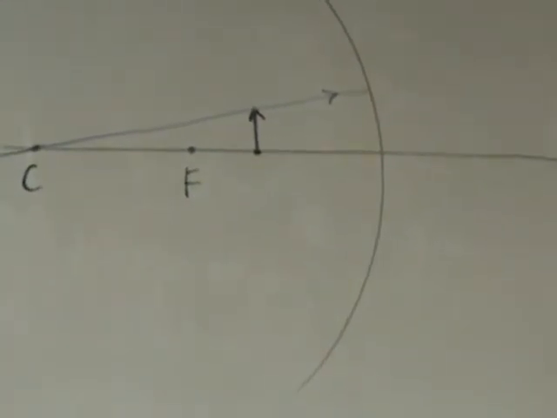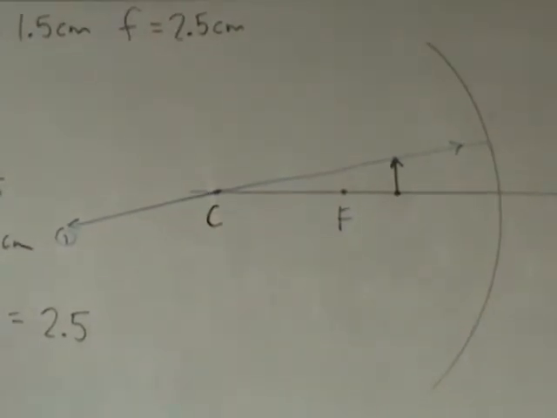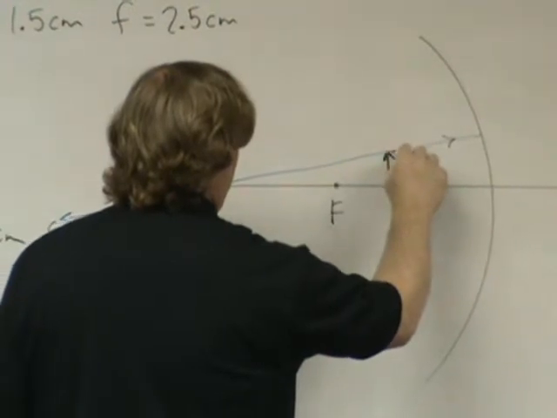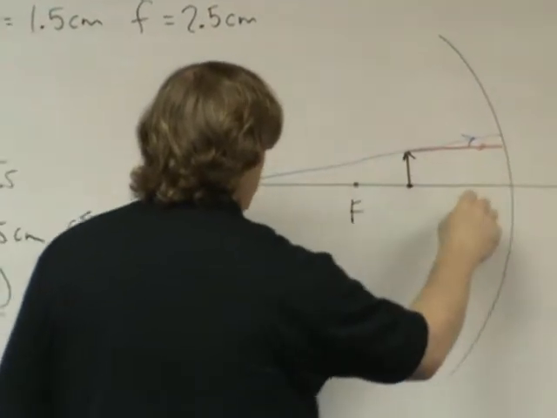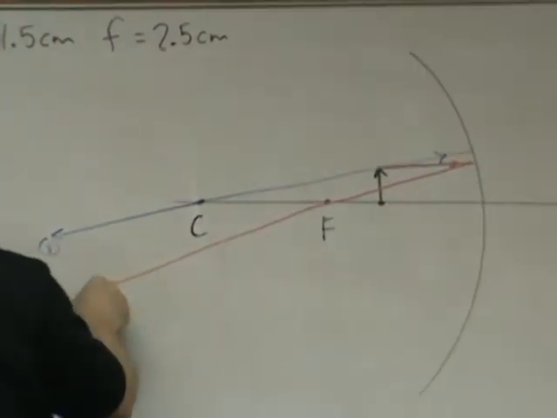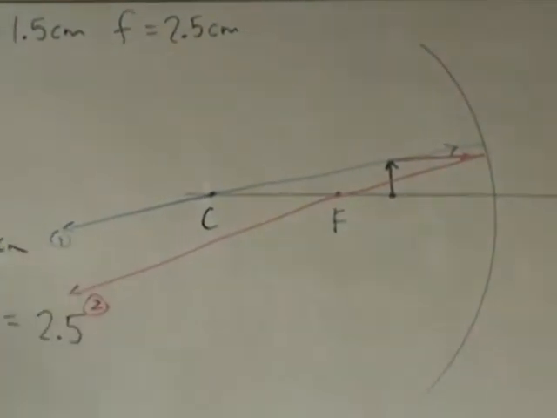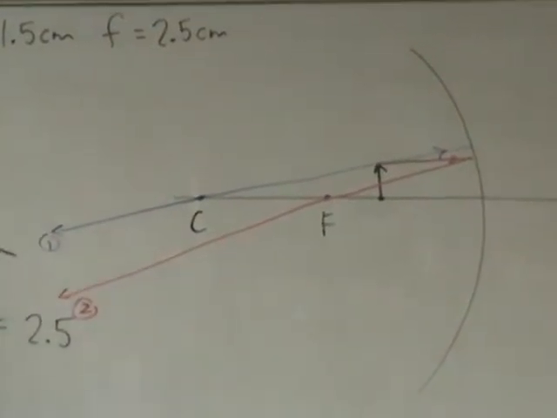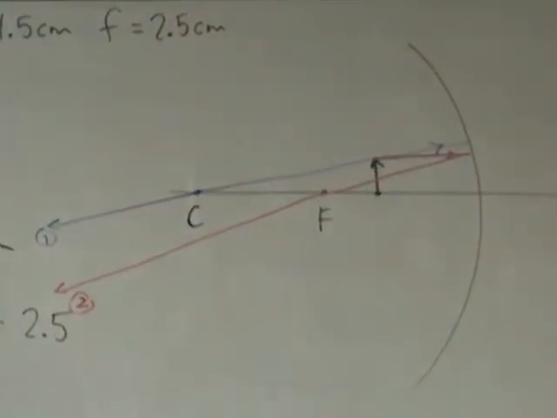Ray number 2 starts off parallel to the principal axis and then passes through the focus. So this is going to be parallel to the principal axis. Then it's going to pass through the focus. Here's ray number 2. Ray number 3 goes through the focus, hits the mirror, and comes off parallel.